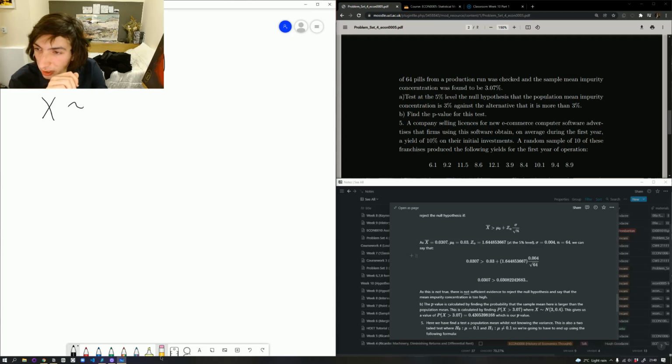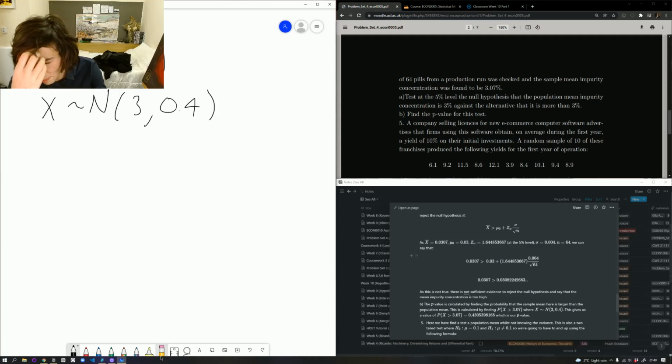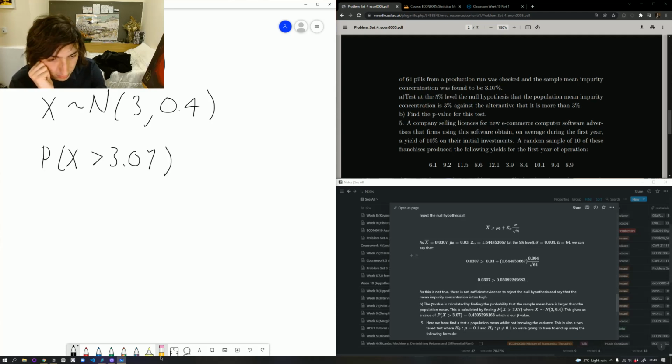Plugging this into a calculator, the probability of x larger than 3.07 is around 0.43053981168. And that is your p-value.